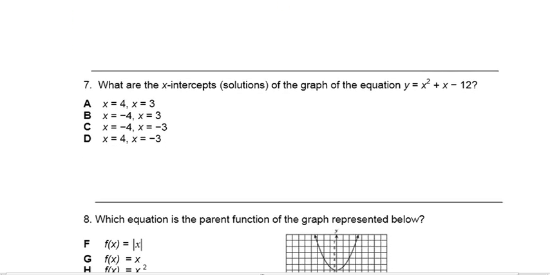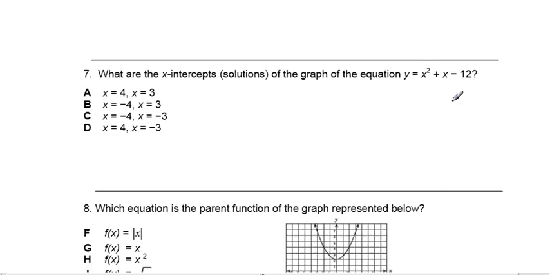Number 7, what are the x-intercepts or solutions of the graph? Well, remember, you've got x squared plus x minus 12, and x-intercepts means solutions, or solve. And so, whenever you're solving, this has to equal 0, and then you just have to factor it. So we're going to do the x game.